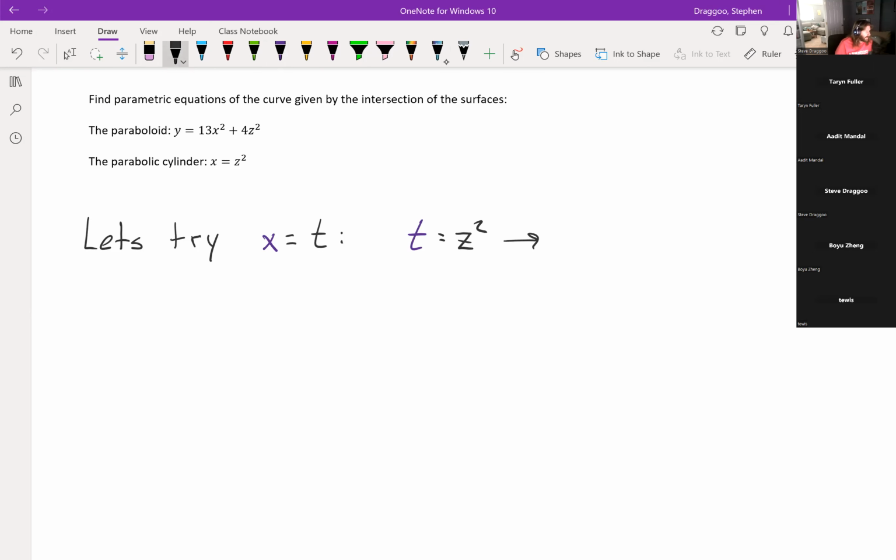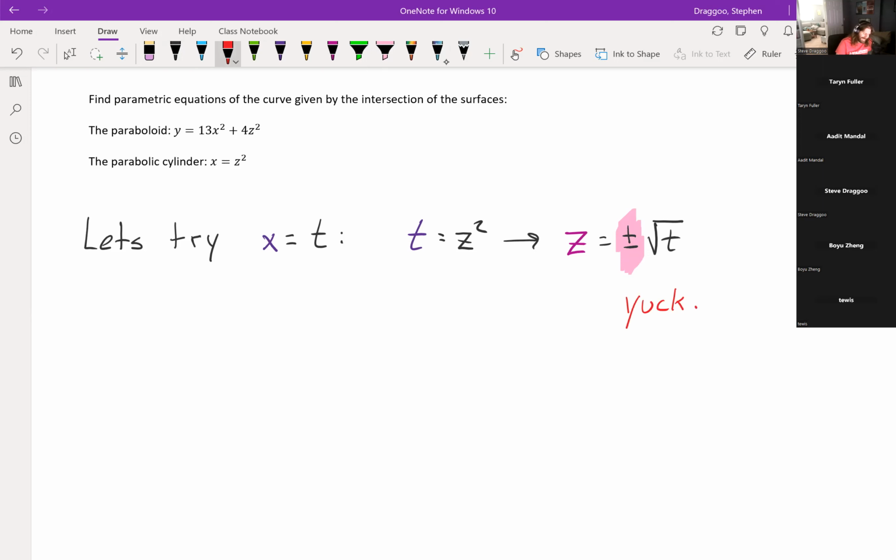And if I then solve that for z, all I need to do is take the square root of both sides. But if I take the square root of a variable, I'm going to get plus or minus the square root of t. And at this point, I think that I've started down the wrong path. I see a plus or a minus show up. That's not a great sign.